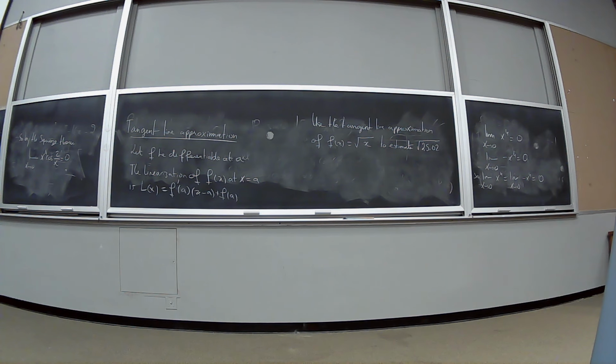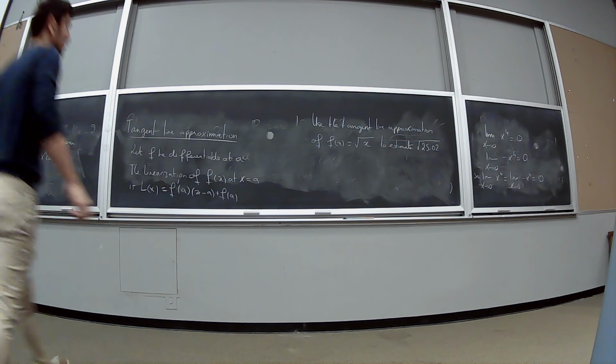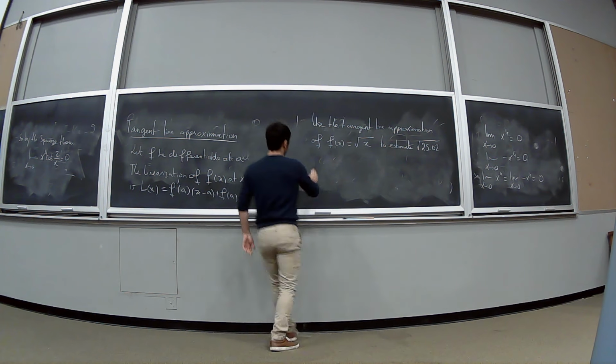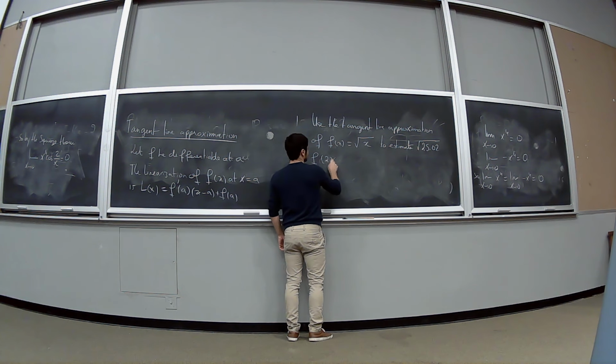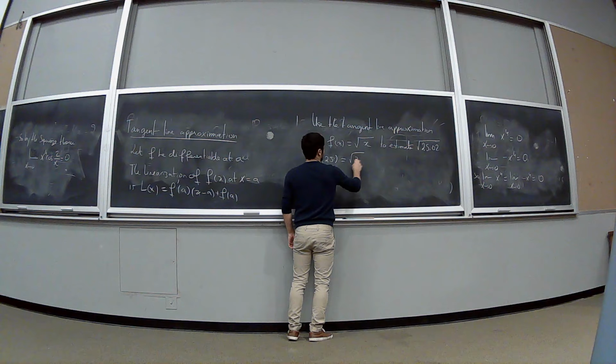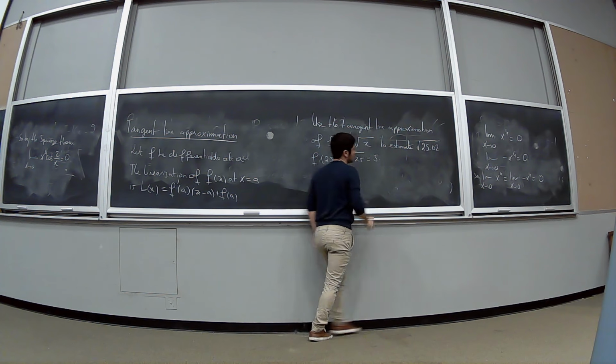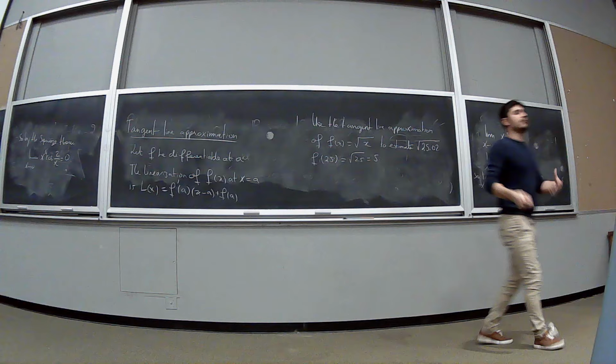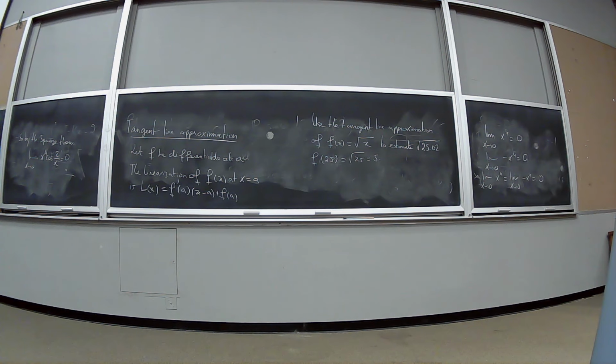Now, what do you not need a calculator for? Square root of 25. So, can you compute f of 25? What is f of 25? It is equal to 5. Now, is 25.02 close to 25? Yeah, it's a reasonable thing to say. Now, it may not be very close, but still reasonable.